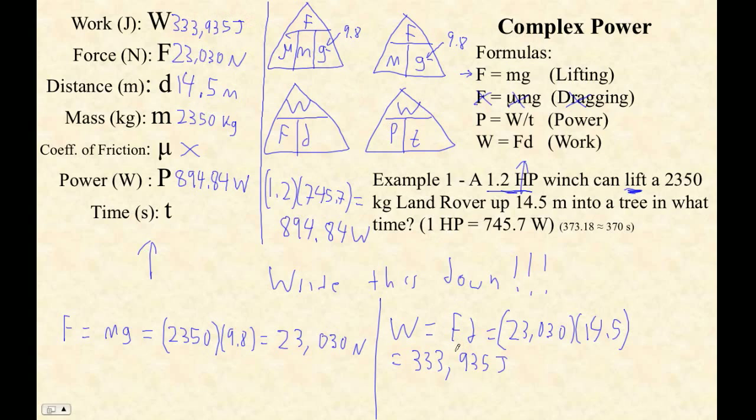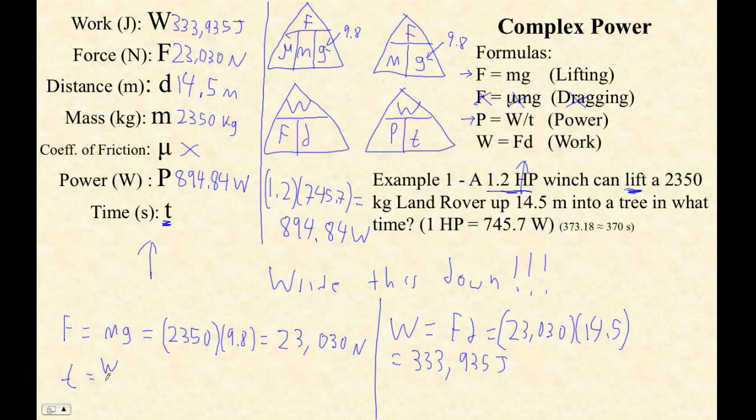And what do we want? We want a time. Time is what we're trying to find. It's the last thing. This one must be the one that'll get us time. Power is work divided by time. So if we cover up T, time is work divided by power.